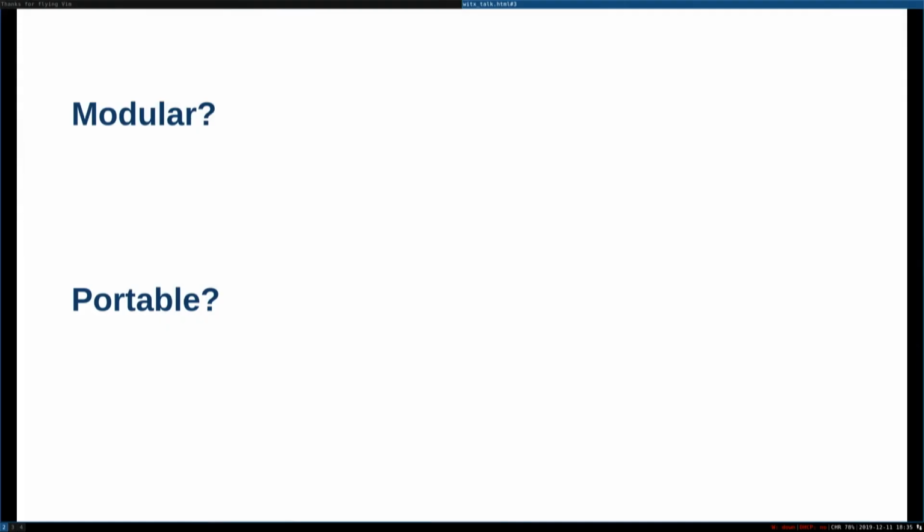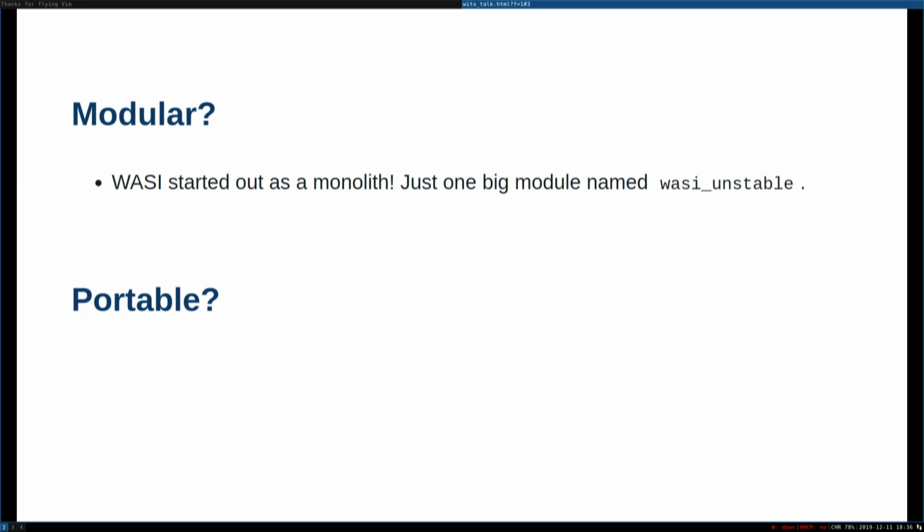So the two big question marks between what we want WASI to be and what it started out as, I think, are modular and portable. The goal of WASI is to be modular, meaning that you can implement certain portions of it or say, oh, this system doesn't have a file system. But WASI started out as just one big system.